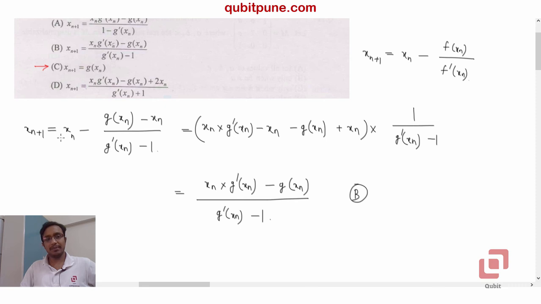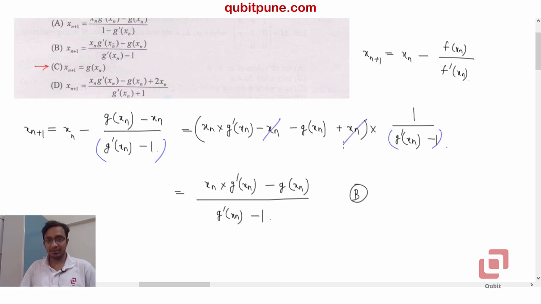Let us substitute it to get the answer. So xn plus 1 will be equal to xn minus g of xn minus xn upon g dash of xn minus 1. Let us keep this g dash of xn minus 1 in the denominator, and take this xn here. So it will be xn into g dash of xn minus xn minus g of xn plus xn.